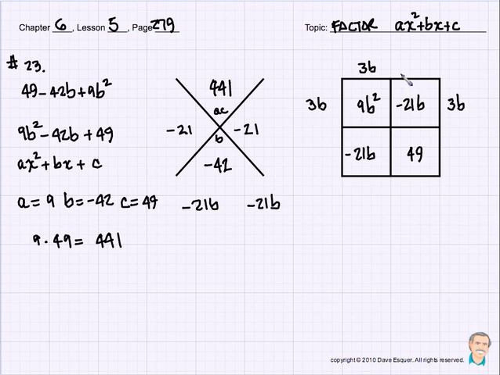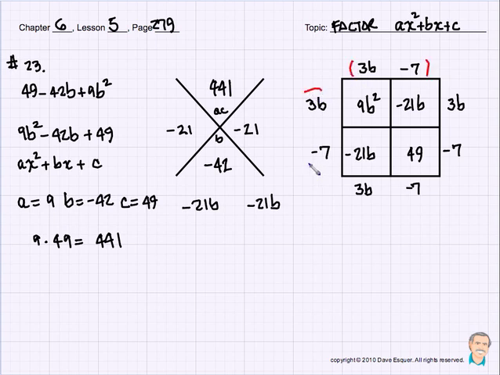And if this side is already 3b in the upper right, then the other side turns out to be minus 7. And if in the lower left we have one side as already 3b, then the other side has to be a minus 7. And we have minus 7 and a minus 7. And lo and behold, those give us the final area in the lower right corner of 49.